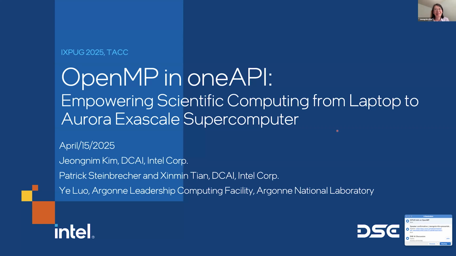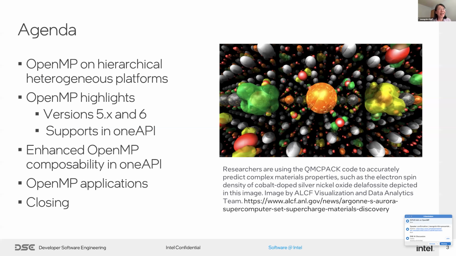To develop the oneAPI so that scientists can apply the tools for their research and productivity. So the agenda of today is we are going to level up from the previous talk to talk about the OpenMP parallel programming model that is very useful in getting performance and also productivity on modern platforms, which is highly hierarchical and also heterogeneous.